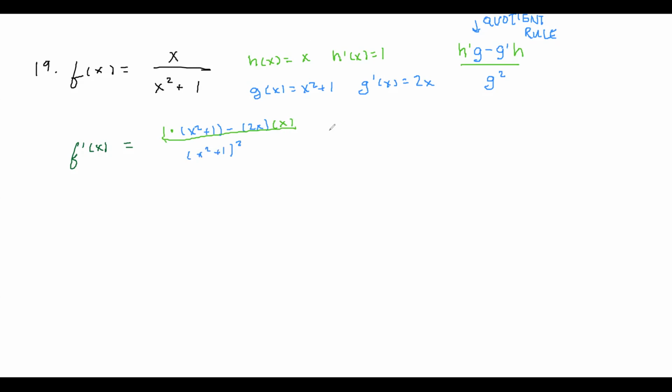So this is going to get simplified into x squared plus 1 minus 3x squared over x squared plus 1 squared, or minus 2x squared plus 1 over x squared plus 1 squared.